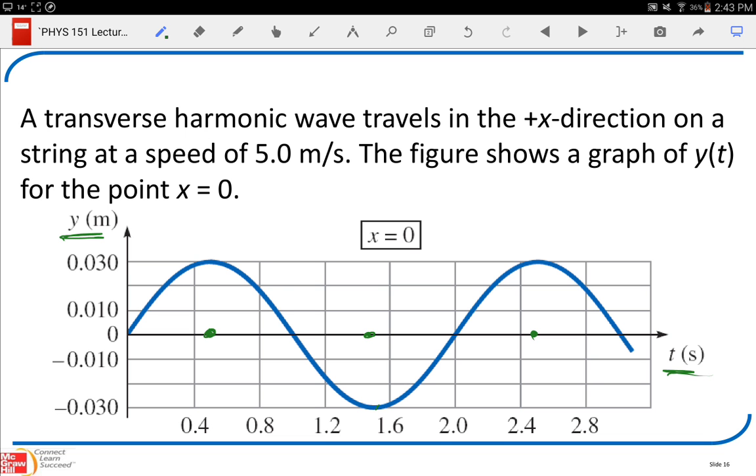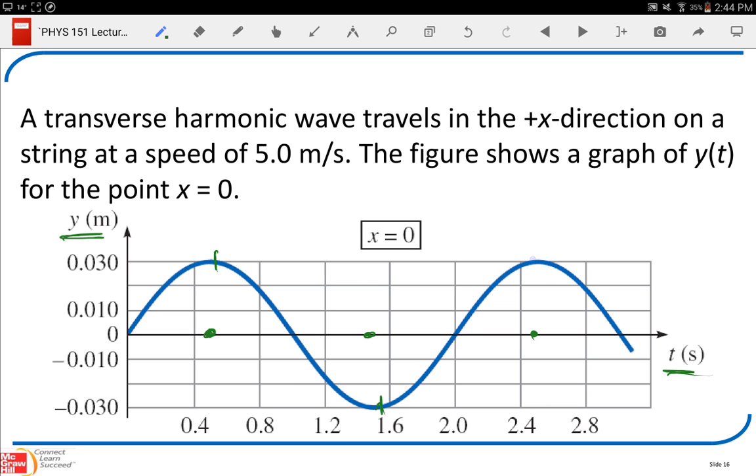Based on the slope, how can you determine if it's going up or going down? Going back to those labs, the second and third labs. Okay, if the slope is negative, it's going down, it has a negative velocity. If the slope is positive, it's going up, it has a positive velocity. So this portion from here to here has a negative velocity.